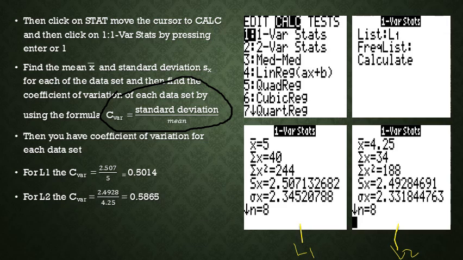So when you're doing the first one for L1, when you click on 1-Var Stats on the previous screen, the list should be L1. When you're doing it for L2, the list should be L2. You put L2 here, and how you type L2 is you click on the 2nd key, which is above the alpha key, and then you click on number 2.